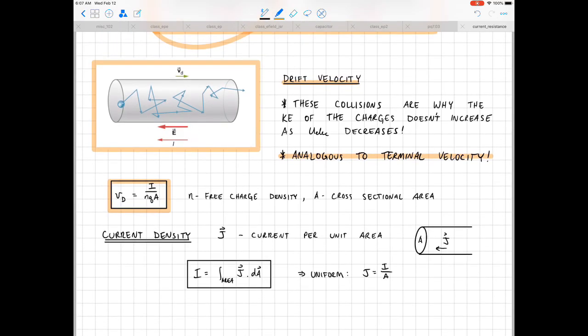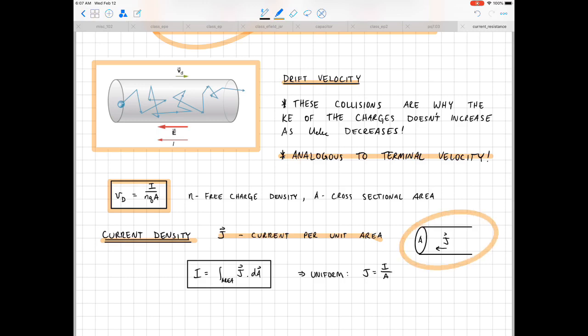And the last thing that I want to mention right here is a quantity called the current density. So the book treats the current as a scalar quantity, just the amount of charge moving through the material. But you can define a vector quantity, the current density, which corresponds to the current per unit area. And so I've got this picture over here.